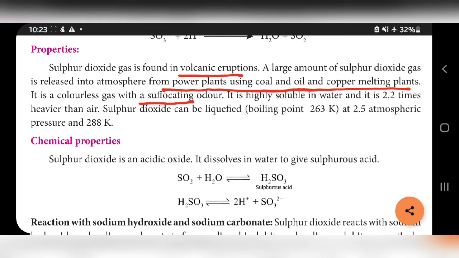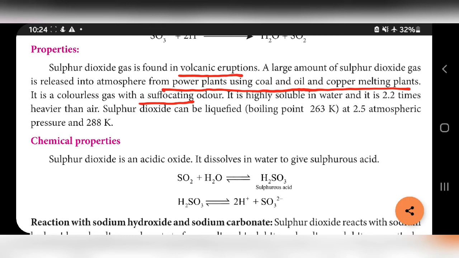It is a colorless gas with a suffocating odor, so we cannot take that gas. It is highly soluble in water and is 2.2 times heavier than air. So it will not go up easily because it is heavier than air. Sulfur dioxide can be liquefied at 2.5 atmospheric pressure and 288 Kelvin.